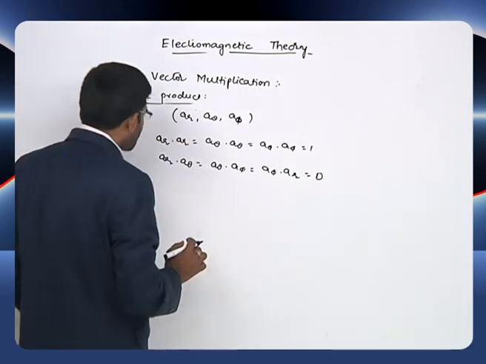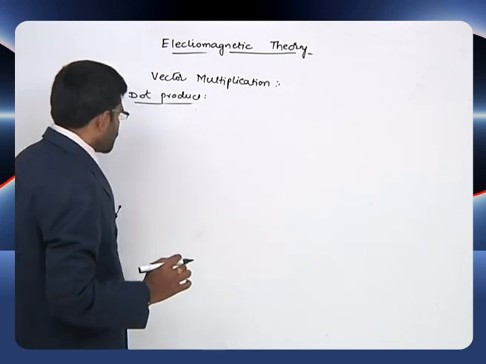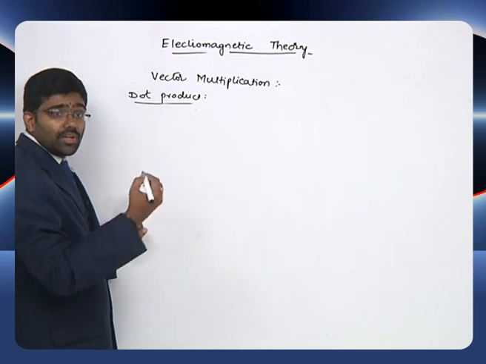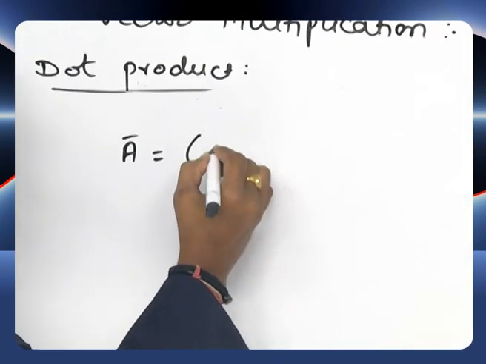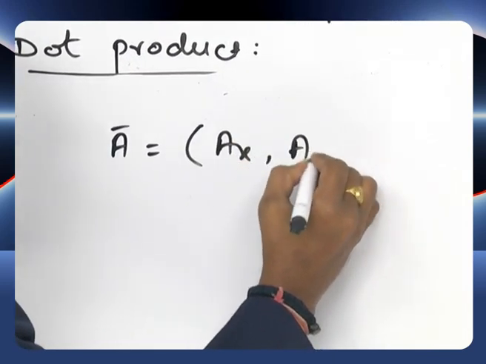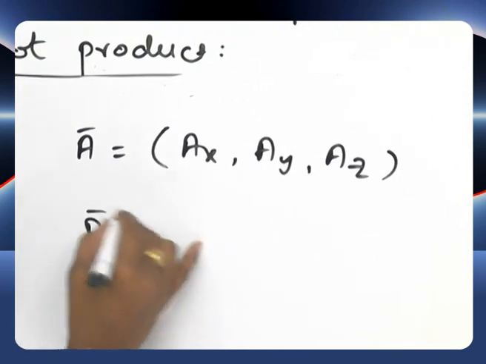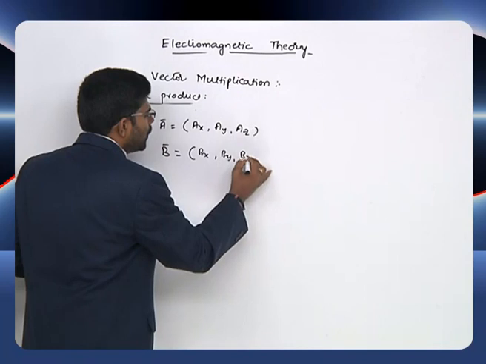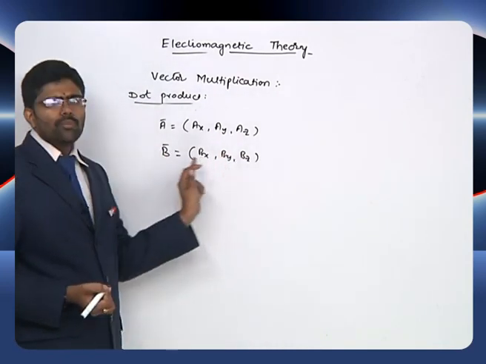Now if you are considering the point form of any vector, so all this graphical representation is just considering the vectors as lines. Now let us take the point form of two vectors: a bar as ax, ay, az, and b bar as bx, by, bz. How to get the dot product between two vectors when they are given in point form?